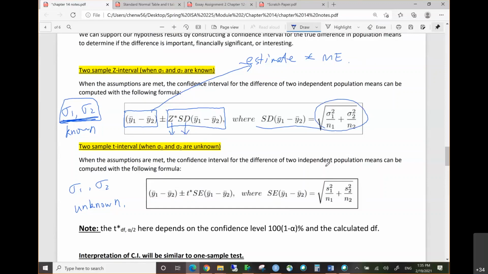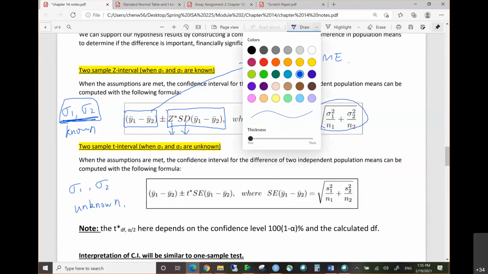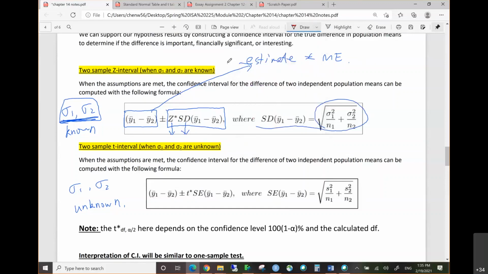So if I put them together, that means we have the formula y1 bar minus y2 bar, which is the estimate for the difference of the population means, plus minus the critical value z star times the standard deviation of the difference, which is the square root of sigma 1 squared over n1 plus sigma 2 squared over n2.